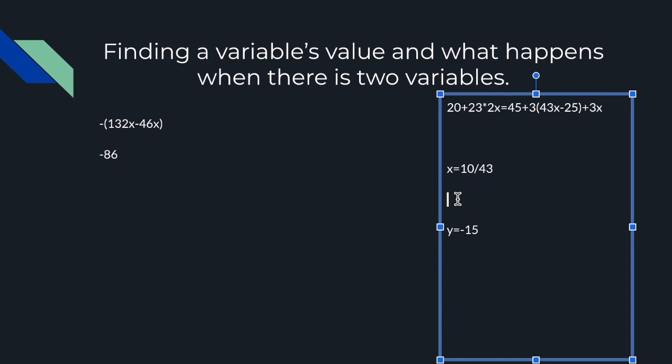Now, if you want, you can also check. So now you could check this equation if you want, and you can go into here, and you can go 2 times 10 slash 43, and 3y, you could just make that negative 15, and now 3x, once again, 10/43.